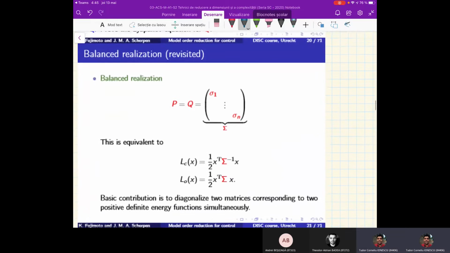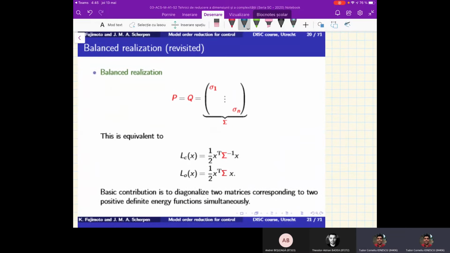All right. A balanced realization means that we need to bring P and Q into a form where they are equal and diagonal, and we call it sigma. The diagonal contains the Hankel singular values of the system. If the Hankel singular value is positive, then that state is controllable to a certain extent and observable to a certain extent. If the Hankel singular value is 0, then the state is neither controllable nor observable.